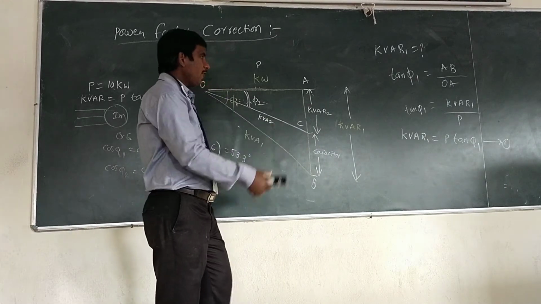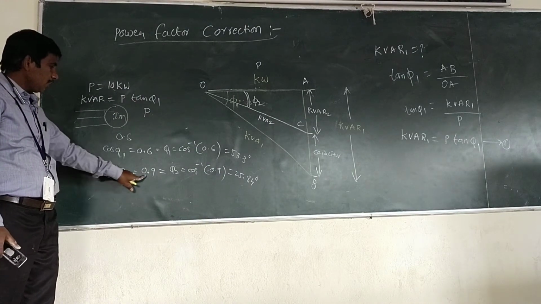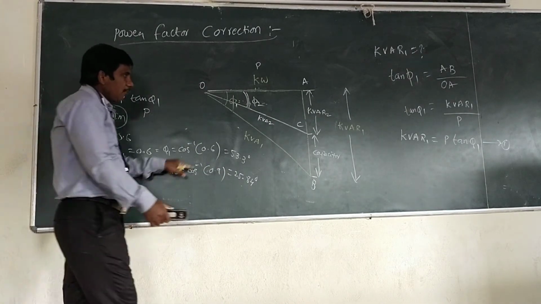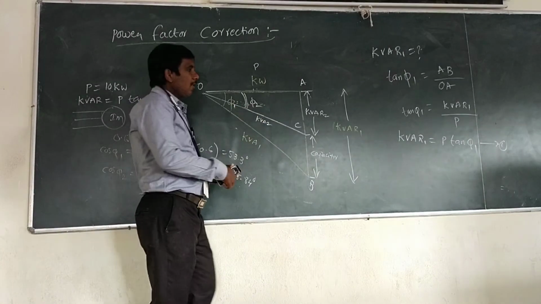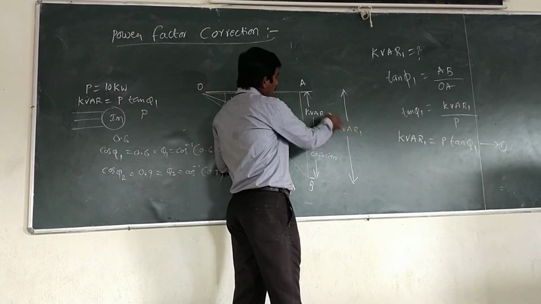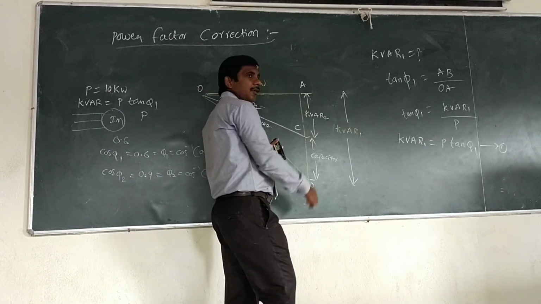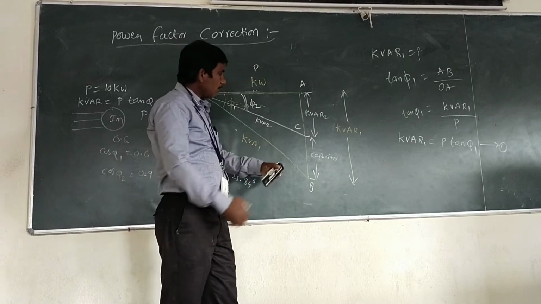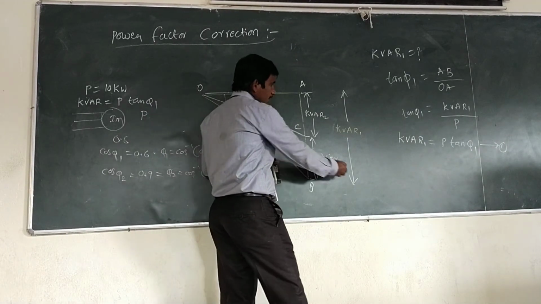Now this is actually the capacitor bank rating. If you improve the power factor, the reactive power taken by the load will be reduced. Cos phi 2 is 0.9. From that phi 2 we take another kVA. Now if you do AB minus AC, then that is the capacitor bank rating, BC.